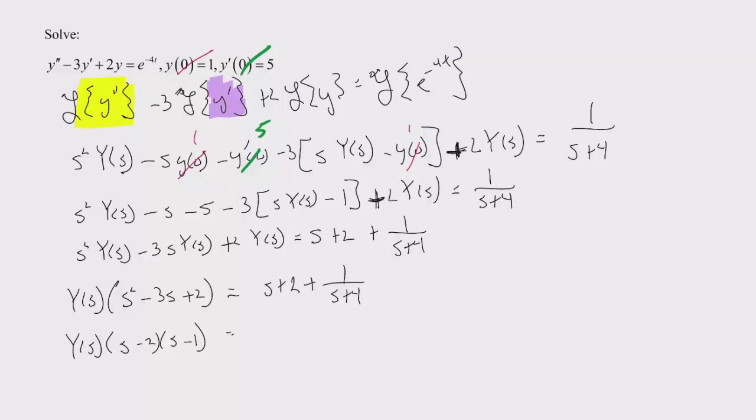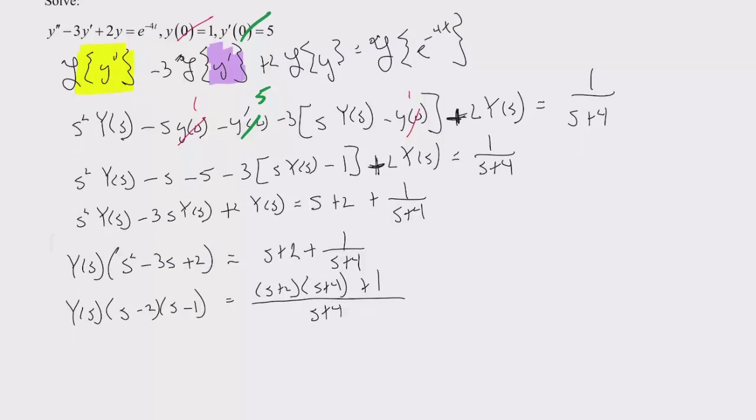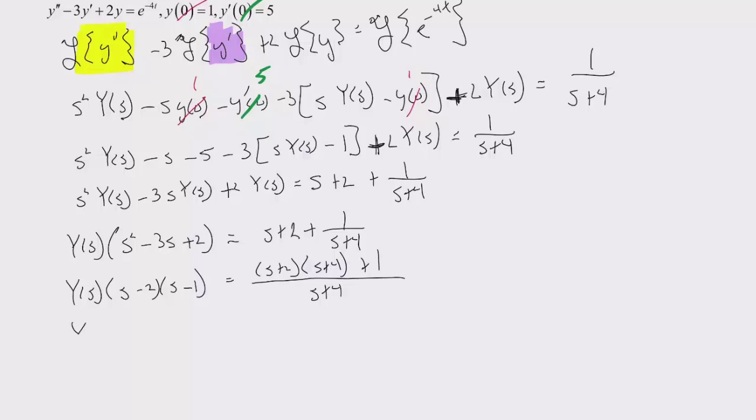Okay. And then on this side, it'd be nice if I could have s plus 2 combined with the s plus 4, so if I could have a common denominator there, that'll make it a little bit easier to solve. So I'm going to do s plus 2 times s plus 4 plus 1, all over s plus 4. I'm going to keep those factors on the left side for just a second.